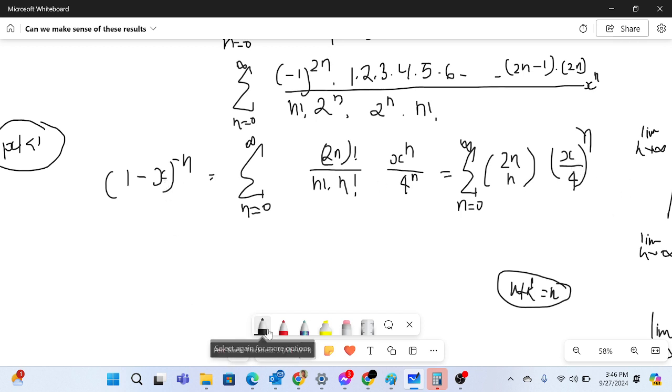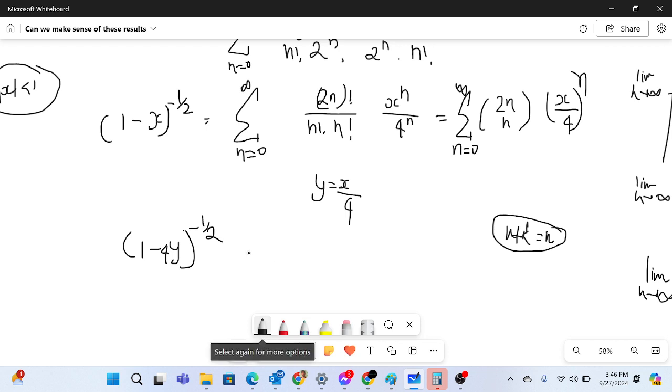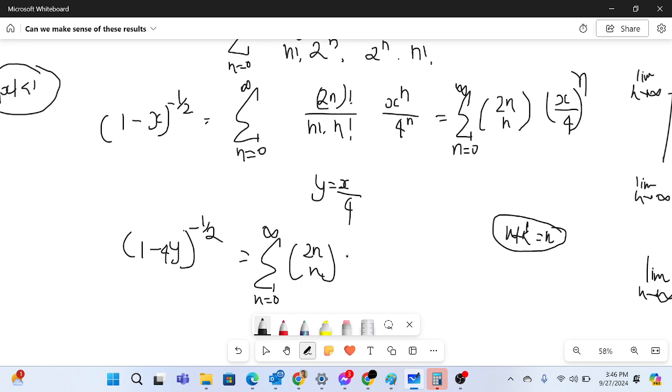Okay, so we have the series for this thing, and this will converge only if the modulus of x is less than 1. Now what I'm going to do is make the substitution y equals x by 4, right? In that case, this will be 1 minus 4y to the power, wait, this is not nth power, this is actually for minus half power. To the power minus half will be equal to the series sum from n equals 0 to infinity of 2n choose n times y to the power n.